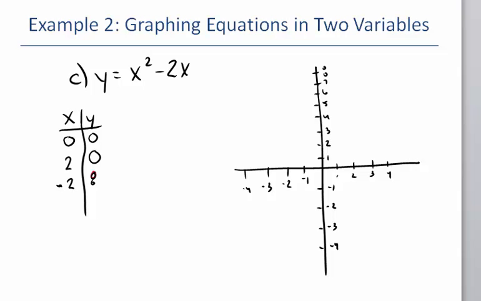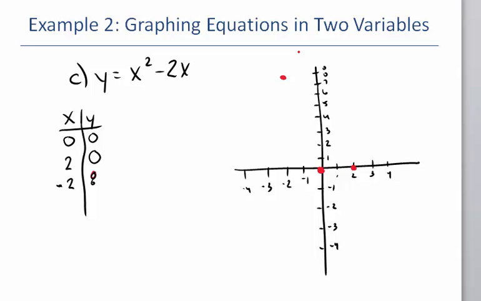All right, so let's plot the points. So we have the point 0, 0, which is at the origin. We have the point 2, 0, so over to 2 and sitting on the line. We have the point negative 2, positive 8. So over to negative 2, up to positive 8.